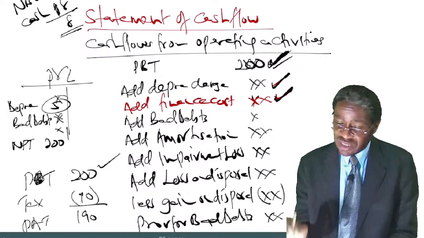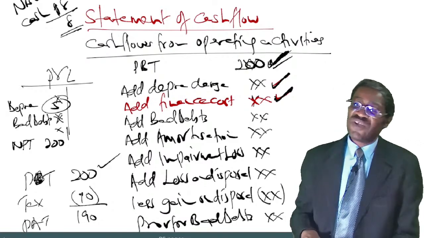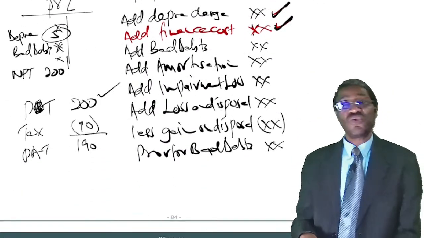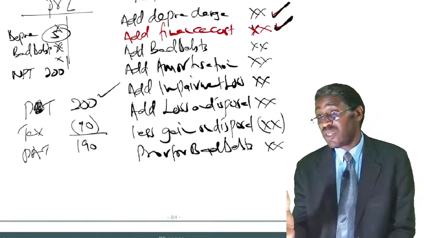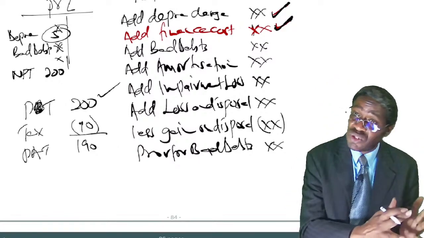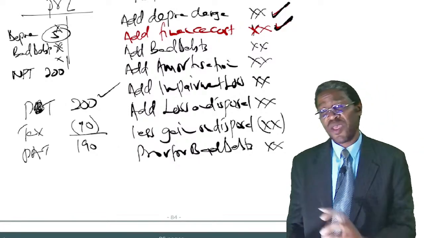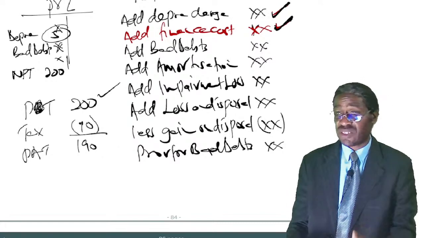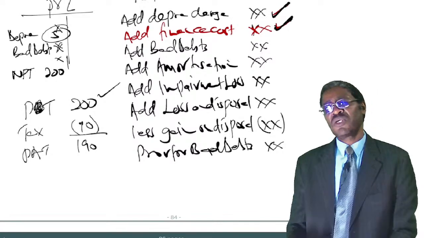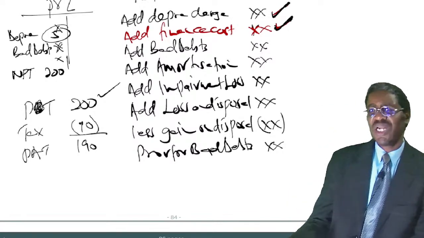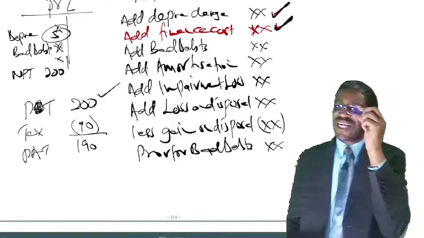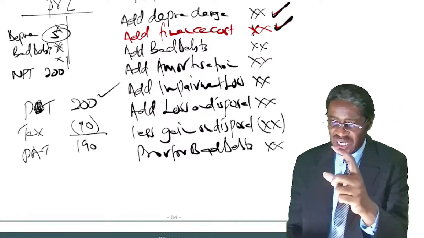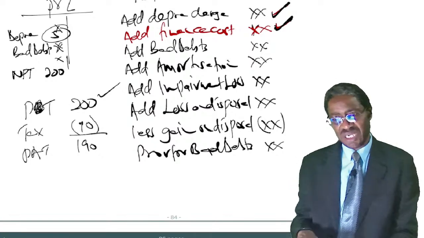Now, the rest of the non-cash items, some you find in the question, some other questions don't have them. Not all questions will have the rest. Listen to this now. For purposes of illustration, let me assume that I have identified the non-cash items.